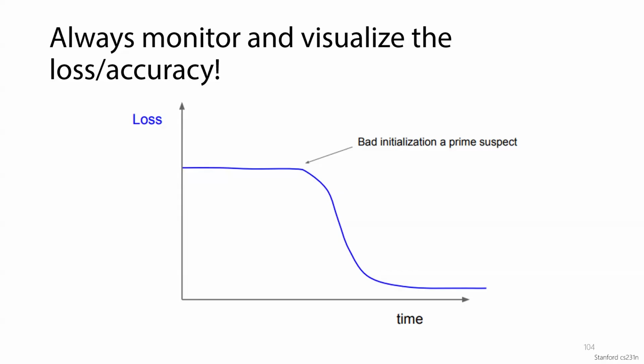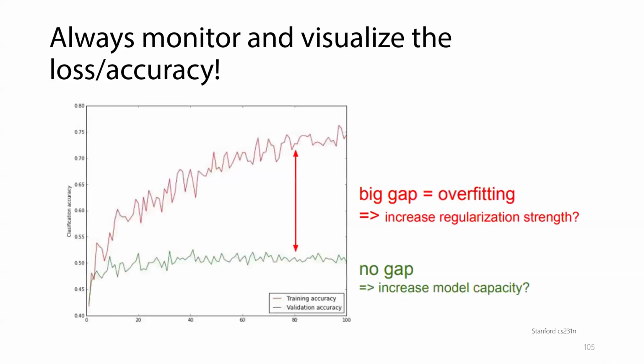Usually the problem is the initialization, the distribution of your input values, the distribution of your weight values. Something is off, so the loss doesn't really converge at the beginning. And then it takes time for your optimizer to pick something eventually and go down.